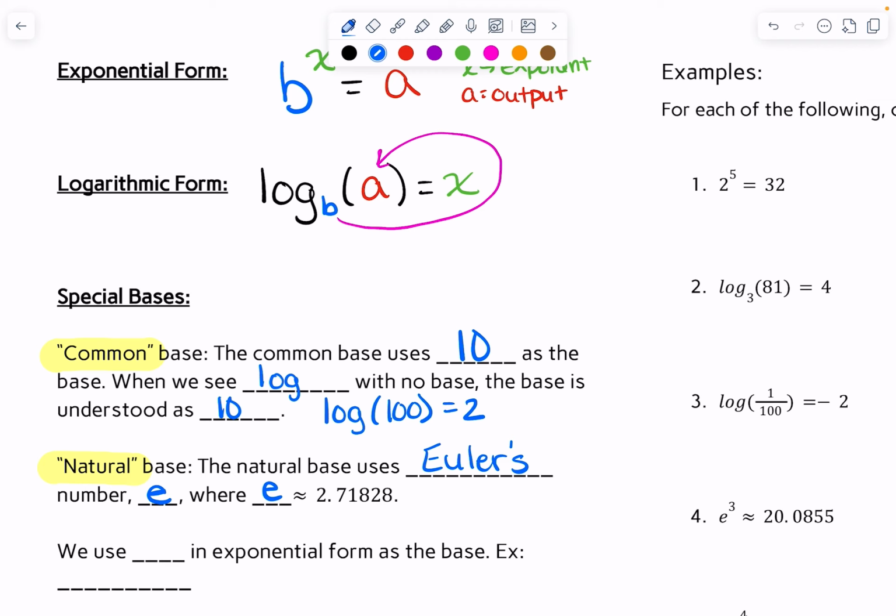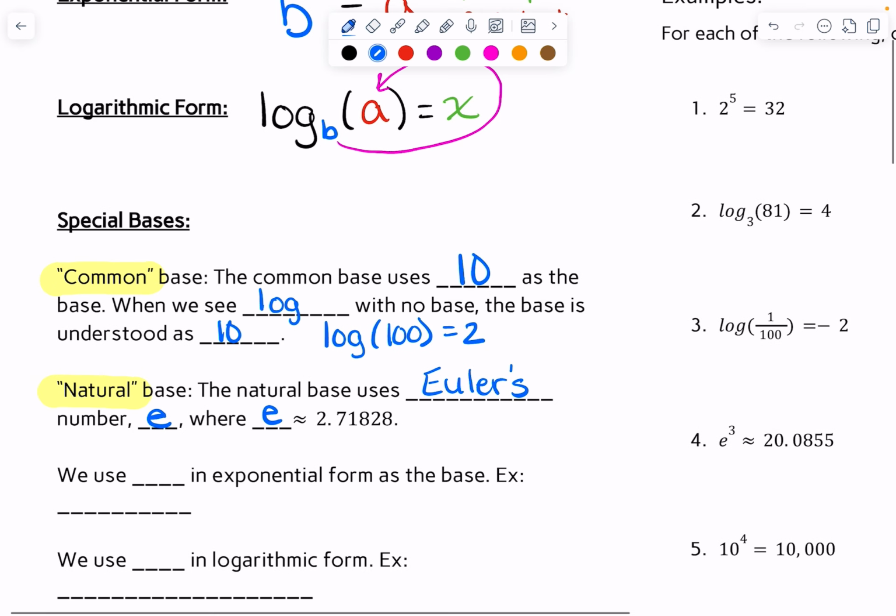So it's not exactly that, but it's approximately that. So e has similarities to pi in that when we see e, we understand that as equaling this specific number. So pi we know is 3.14159, et cetera. So we know when we see the symbol pi, that is understood as that number.